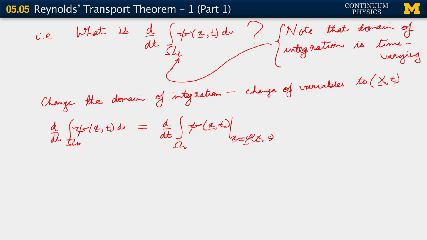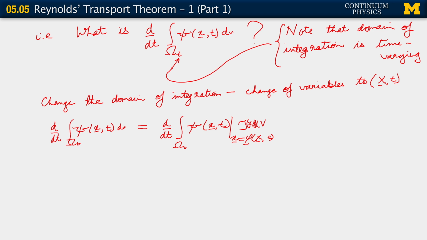Okay, so now we are going to write dv as J, and remember J is just the determinant of the deformation gradient which comes from the motion, right? J dV. Okay, and we are going to remember that J is parameterized by capital X and time.